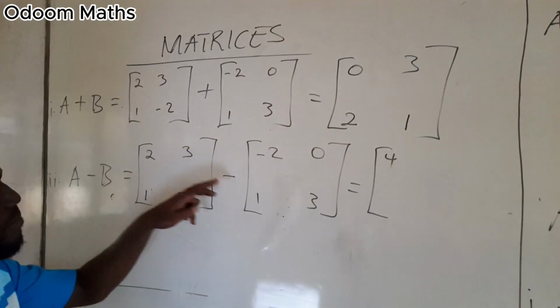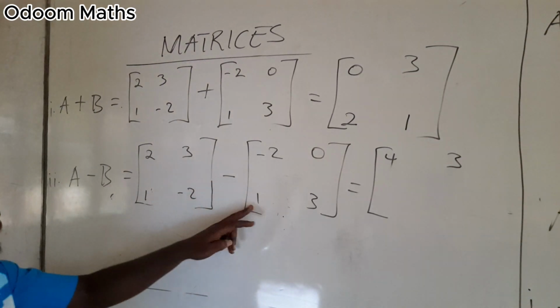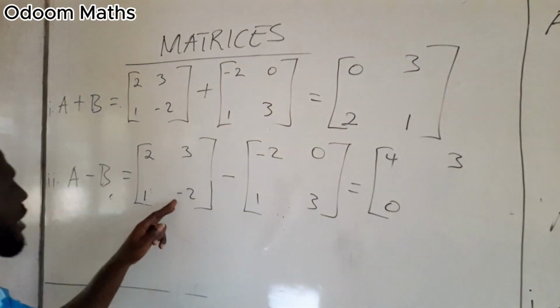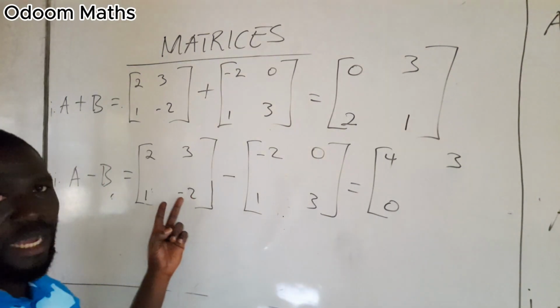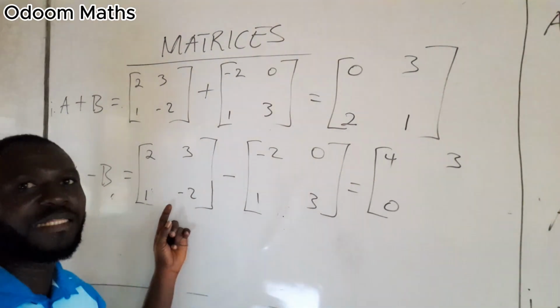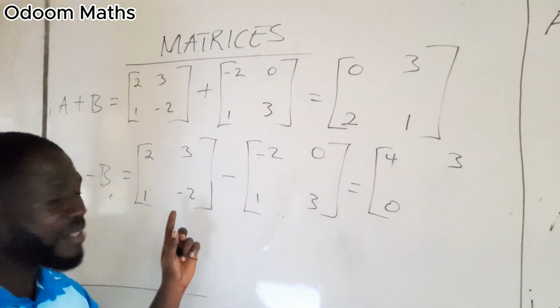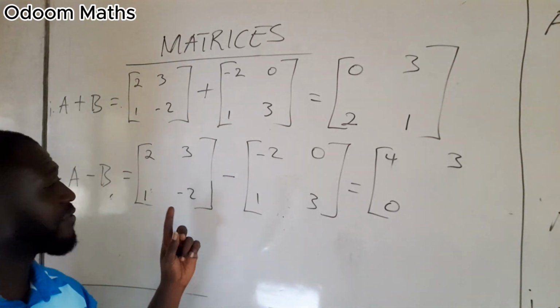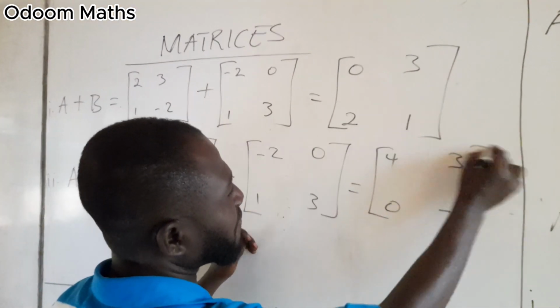Then 3 minus 0 becomes 3. Then 1 minus 1 is 0. And negative 2 minus 3 is like you are owing 2 and you borrowed another 3, so you have a debt, or a deficit, of 5. So negative 2 minus 3 becomes negative 5.